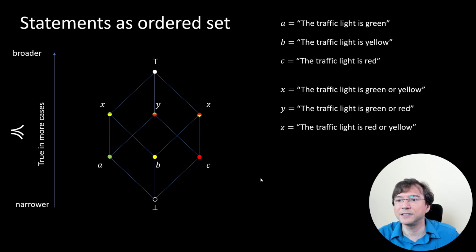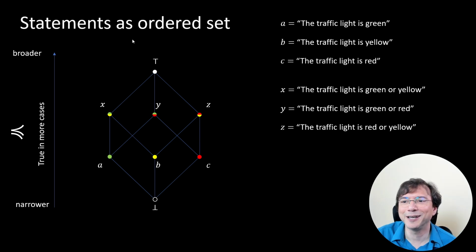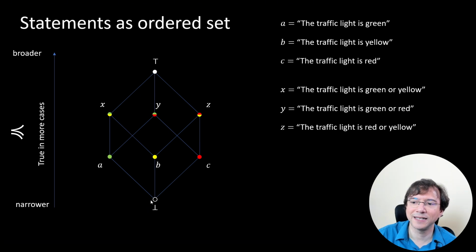So for example, let's assume that you have the logical context for a traffic light. And so we have three statements: the traffic light is green, the traffic light is yellow, and the traffic light is red. And then we have other statements: the traffic light is green or yellow, green or red, or yellow or red. And we also add an impossibility and a certainty.